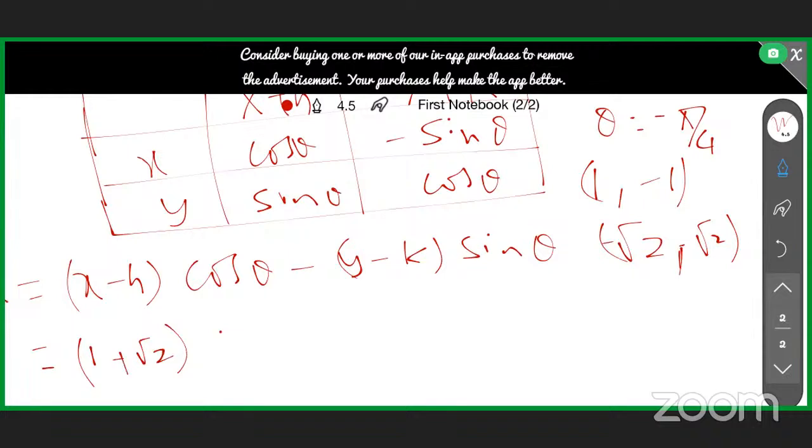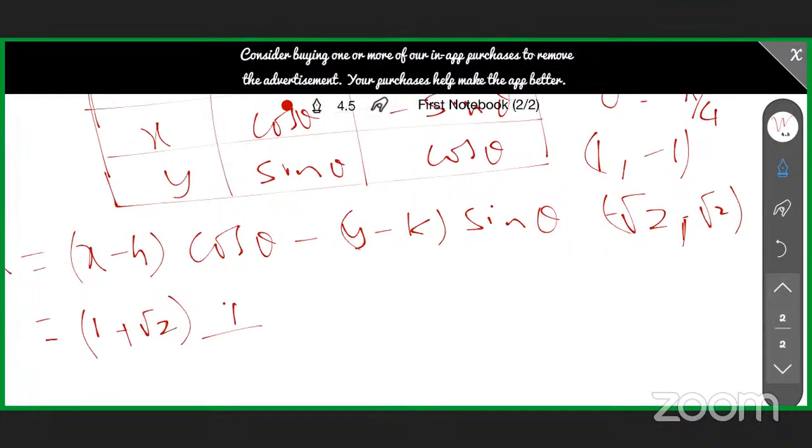Cos theta is equal to 1 by root 2. Then minus the Y value, which is minus 1, minus K value is minus root 2, into sin theta. Sin 45 is equal to 1 by root 2, and minus into minus becomes plus 1 by root 2.